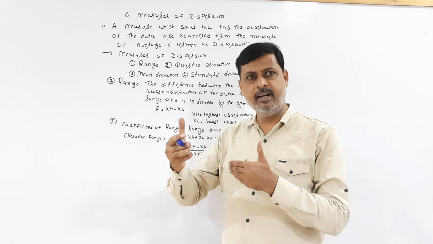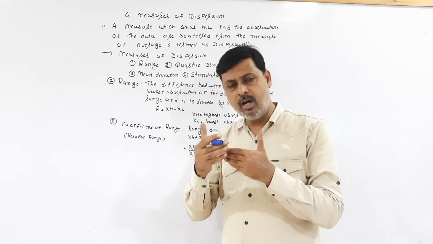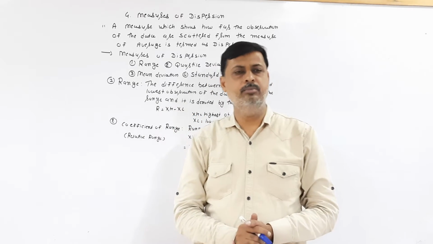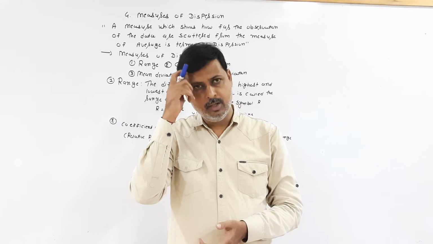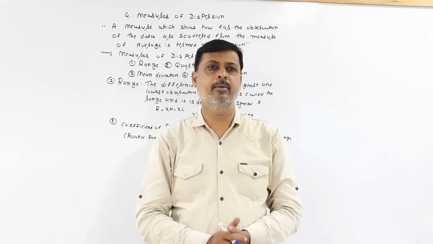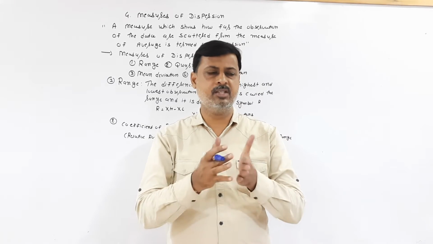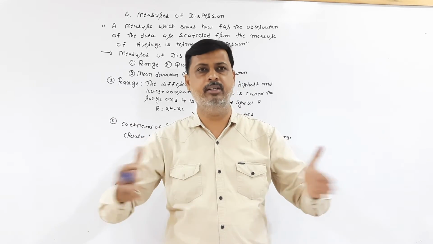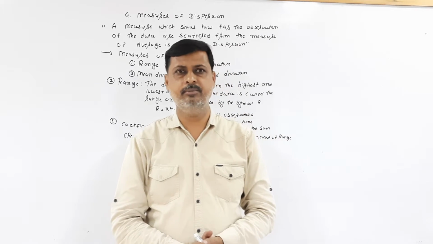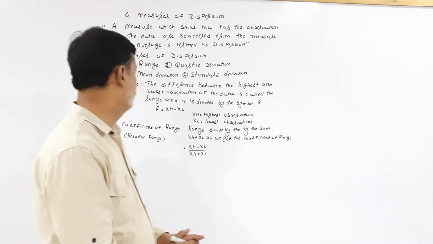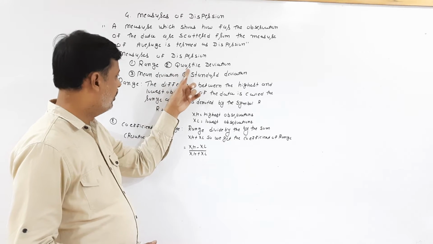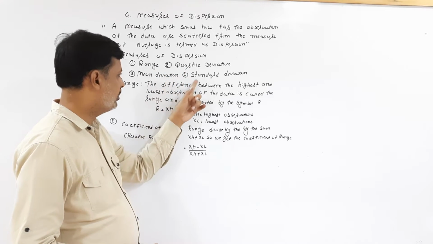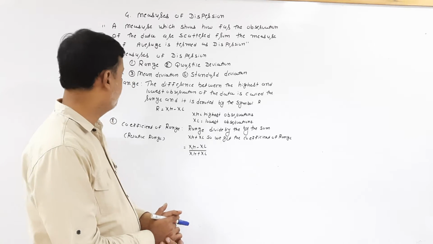Then we have to decide how far these measures are scattered from the mean, and that is called dispersion. तो ये जो measures है वो mean से कितना scattered है, कितना dispersed हुआ है, वो आपको find करना है. So the measures of dispersion are range, quartile deviation, mean deviation, standard deviation.